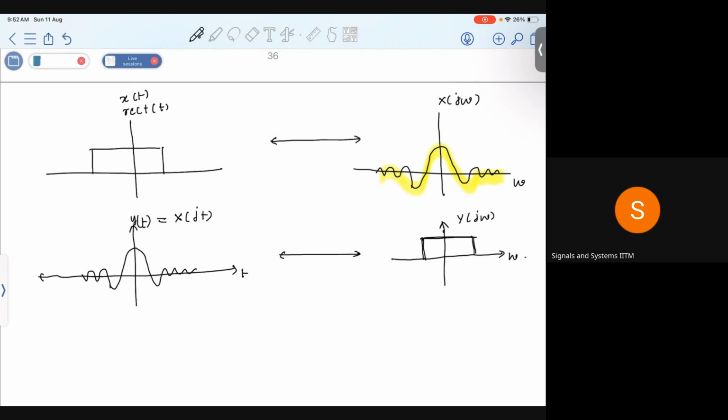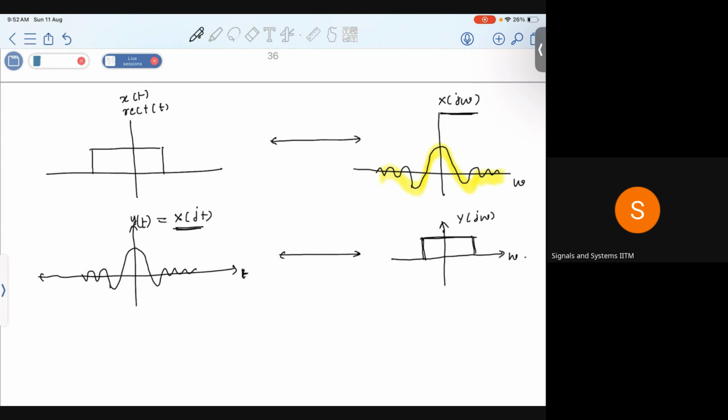So this is x of jt. This is how you're supposed to plot this. So this is your x of j omega, and in the time axis you plot x of jt. So if something is at point one in the frequency domain, it comes at point one in the time domain.